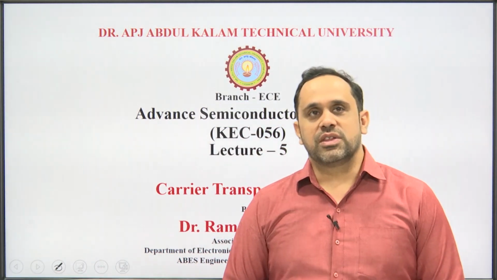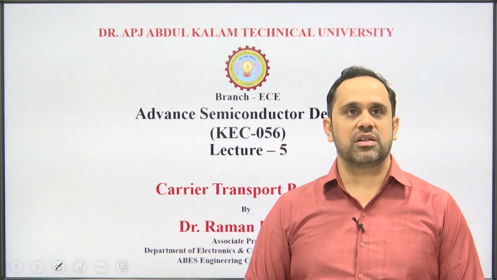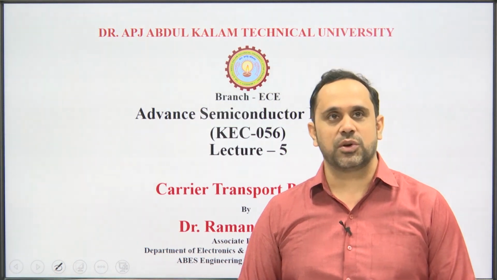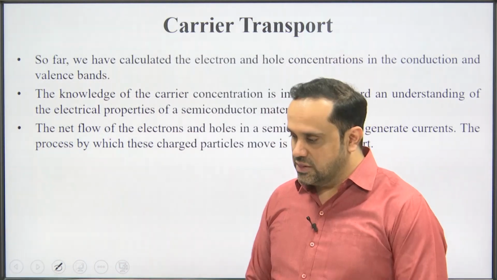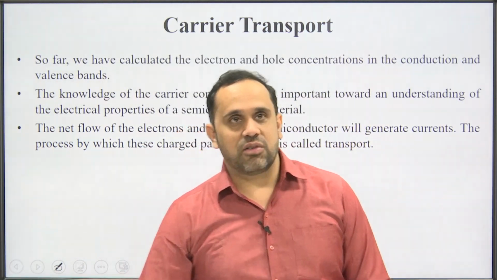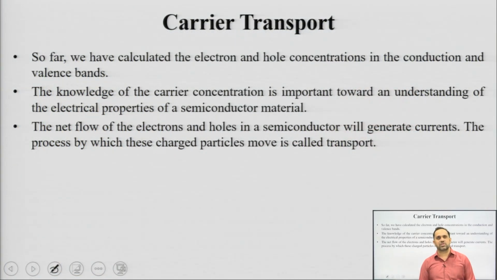Okay. So, in this lecture we are going to start a very useful topic when it comes to semiconductor devices. We are going to start the concept of carrier transport in these advanced devices. So, till now we have focused our discussion on two things, mainly charges and the concentration of charges.